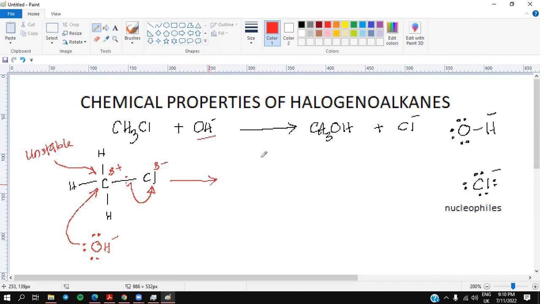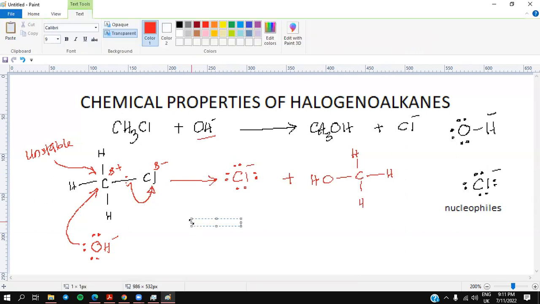As a result, you will get Cl minus going out, having 4 lone pairs of electrons, plus, when OH comes into the carbon, I can write HO, carbon, hydrogen, hydrogen, hydrogen.